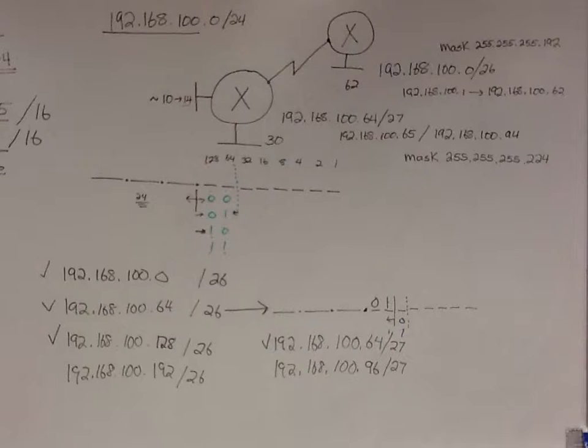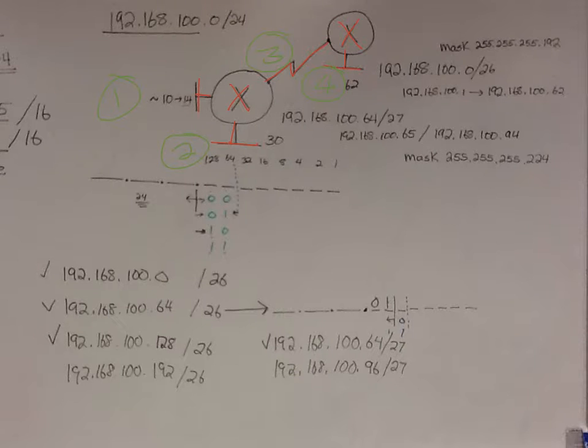Next thing, then we took a look at a network. We've got a router here, connected with a WAN, LAN, and a LAN. And so the first thing we did was count the networks. 1, 2, 3, 4.